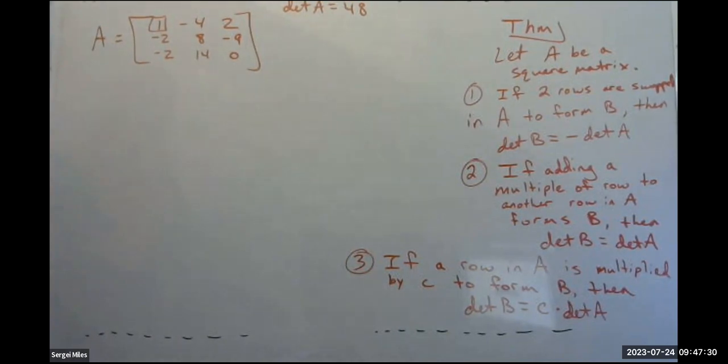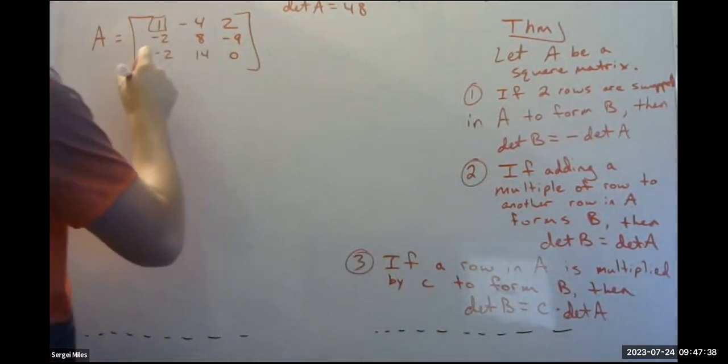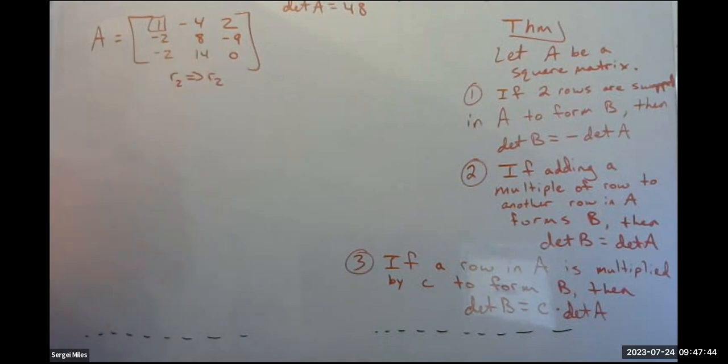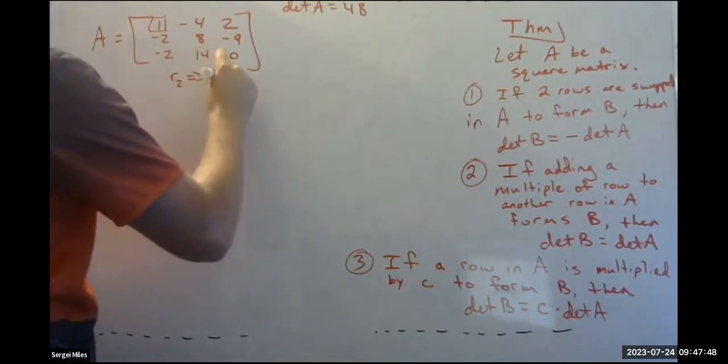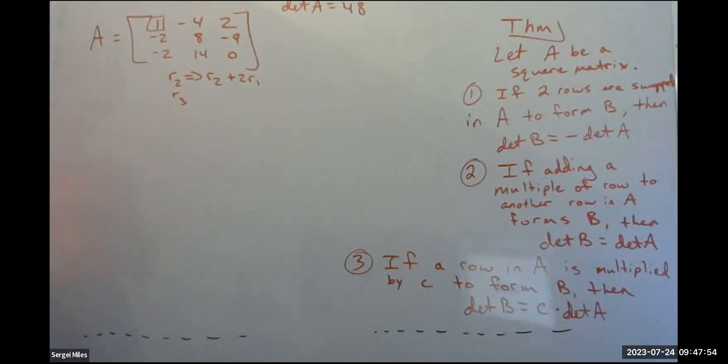So long as I'm adding multiples of a row to a row, it doesn't change anything, right? Using rule number 2 here. So I'm going to take row 2. I'm going to modify row 2. I'm not scaling row 2. I'm modifying row 2 by adding a multiple of something else. I'm going to add 2 times row 1. And I'm going to go ahead and do the same thing to row 3.